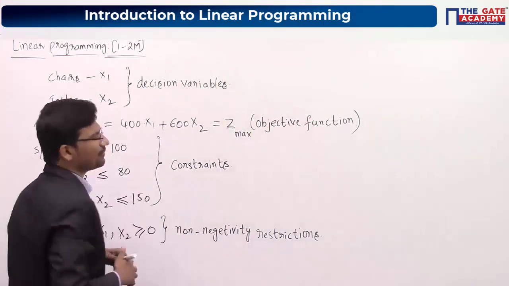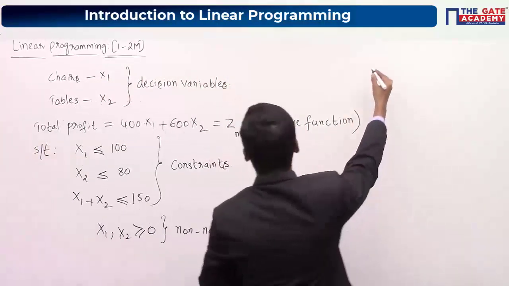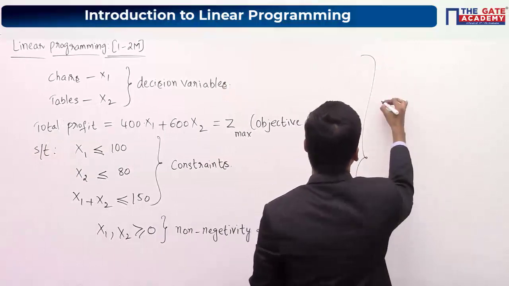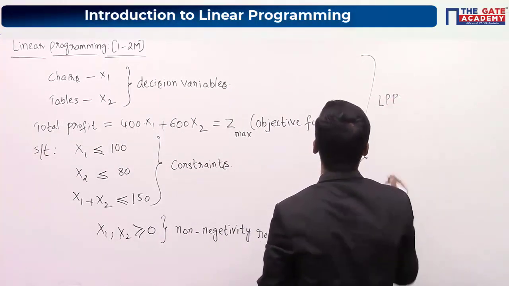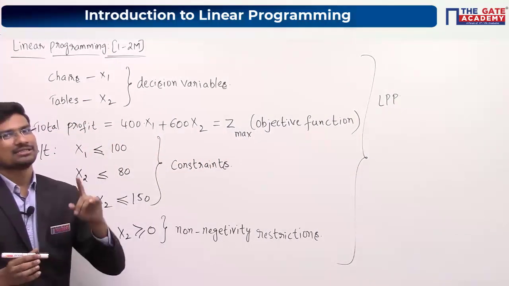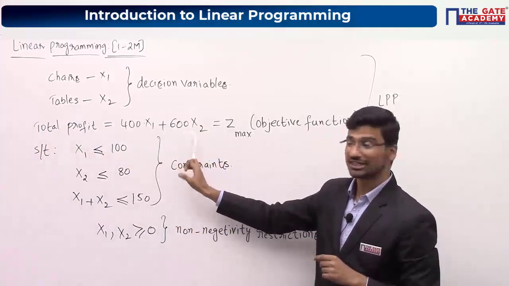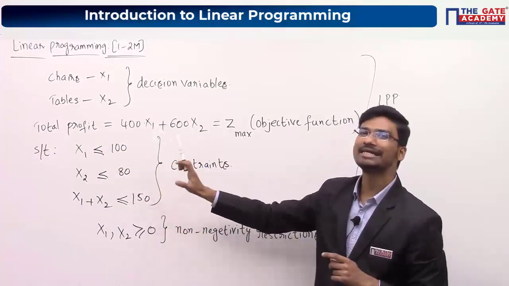Now this entire problem, whatever we have written from the given data, we call an LPP, in the sense, a linear programming problem. A linear programming problem should have a linear objective function and linear constraints.